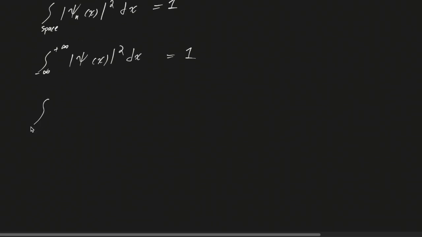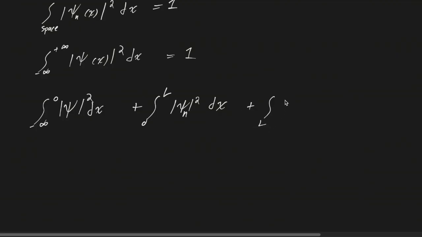So you'll have the integral from minus infinity to 0 of psi squared dx, plus the integral from 0 to L of psi sub n squared dx, in the first case where we had the box extend from 0 to L, plus the integral from L to plus infinity of psi squared dx. But remember, in the region from minus infinity to 0, your psi was 0, and from L to plus infinity it was 0.